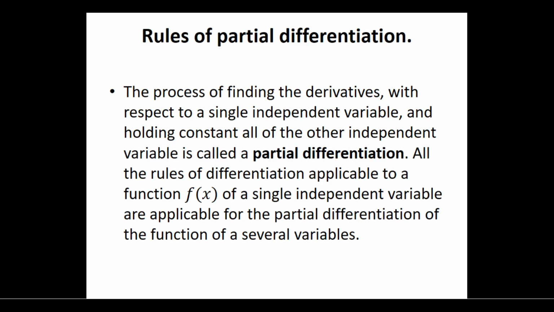So remember, while applying the partial differentiation, while differentiating with respect to one variable, we have to keep all the other independent variables as constants. All the rules of differentiation applicable to a function of single independent variable are applicable for the partial differentiation of the function of several variables also.